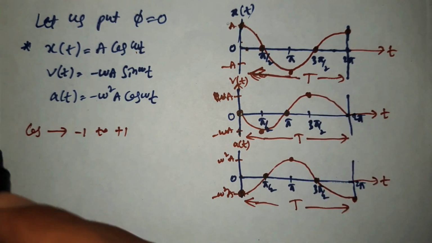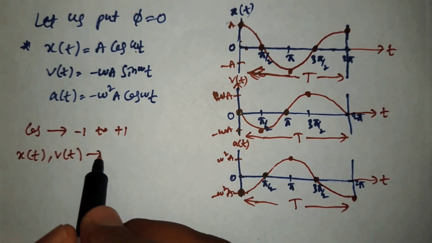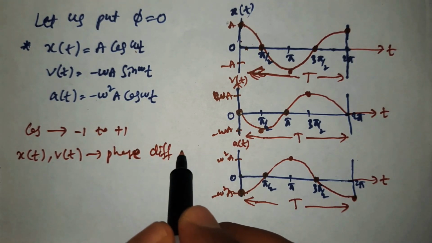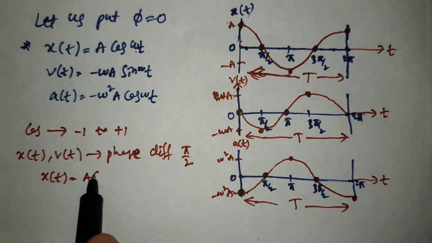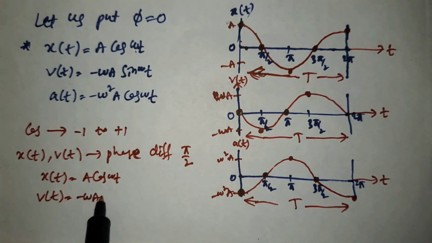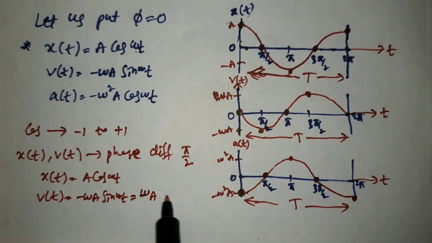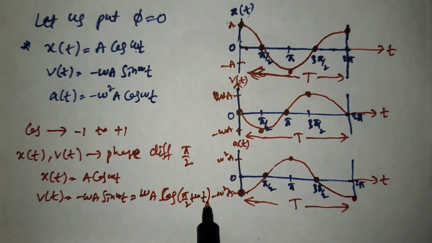So here x of t, v of t have phase difference pi by 2. So here x of t is how much? A cos omega t. V of t is how much? Minus omega a sin omega t. So it can be written as omega a into cos of pi by 2 plus omega t.